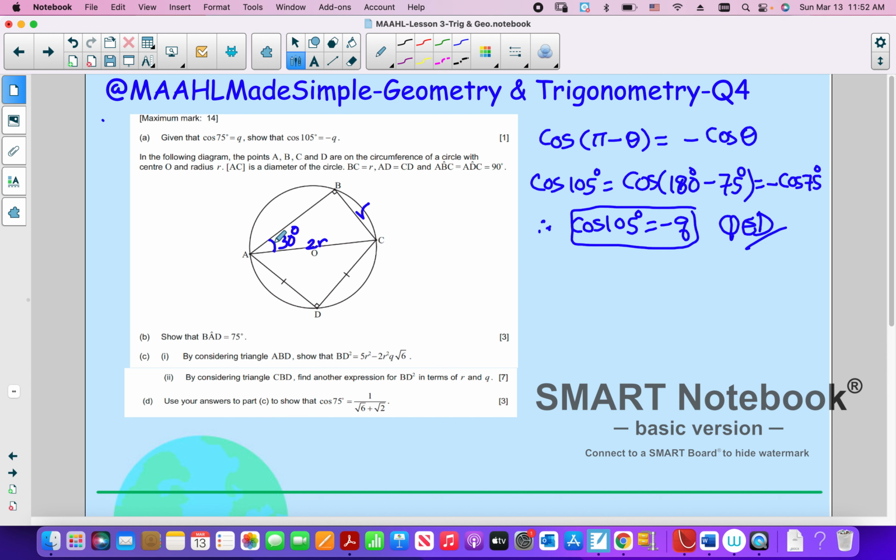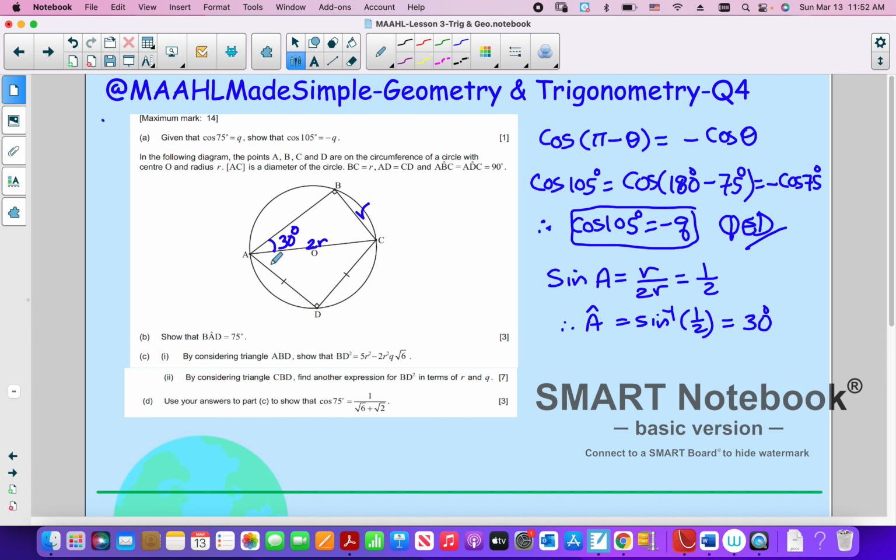Or if you don't know that, we can use SOHCAHTOA. Sine A is equal to the opposite, which is R, over the hypotenuse, which is 2R, and that simplifies to half. Therefore, angle A is equal to sine inverse of half, and we know the angle whose sine is equal to half is 30 degrees.